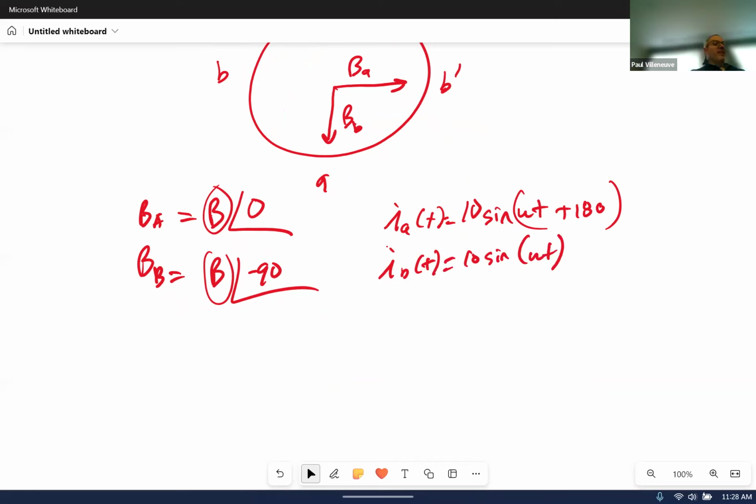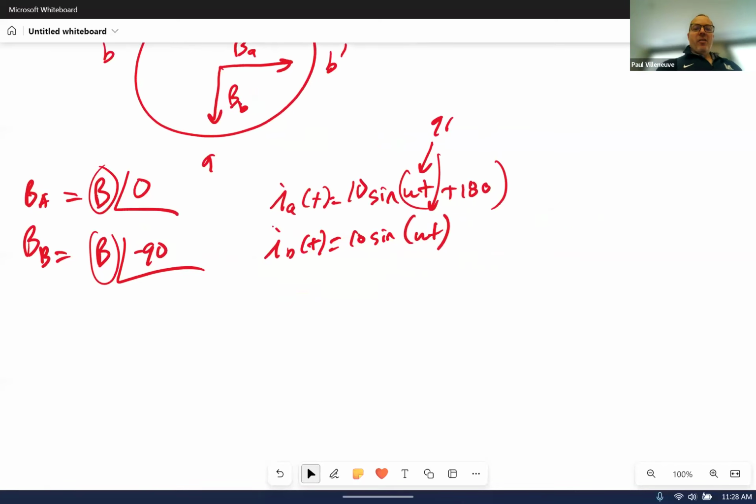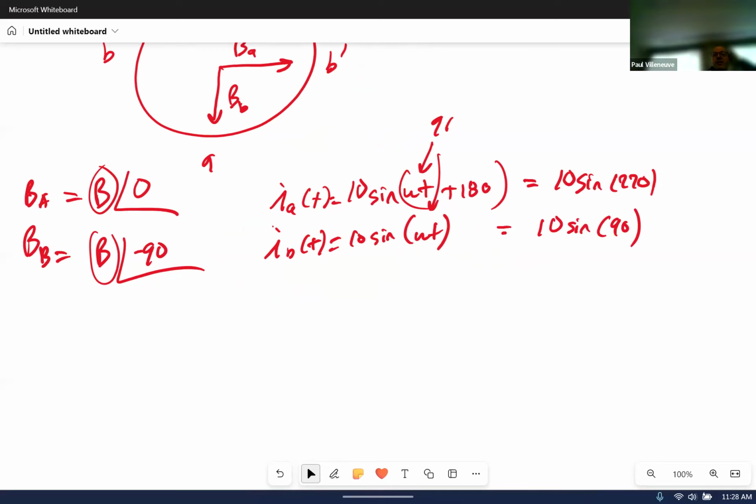And then I said the currents have been rotated by 90 degrees. So what that means is that omega t is 90 degrees. So all you needed to do was 10 sine of 270, and this is 10 sine of 90. What's 10 sine of 270 equal to?